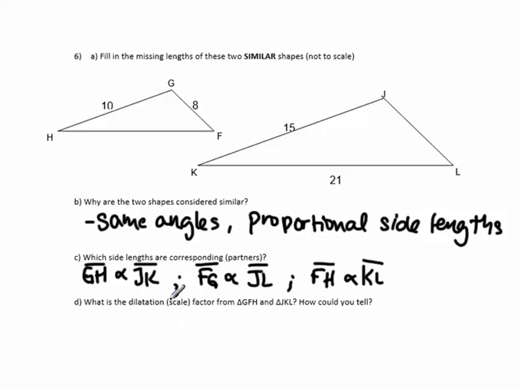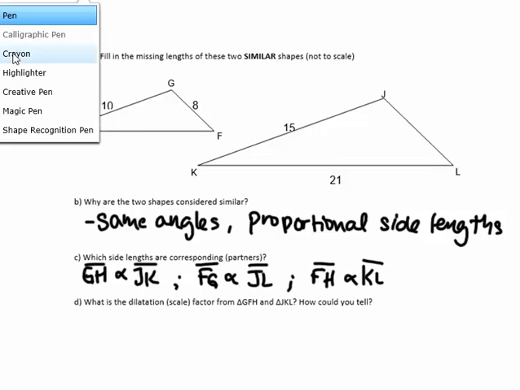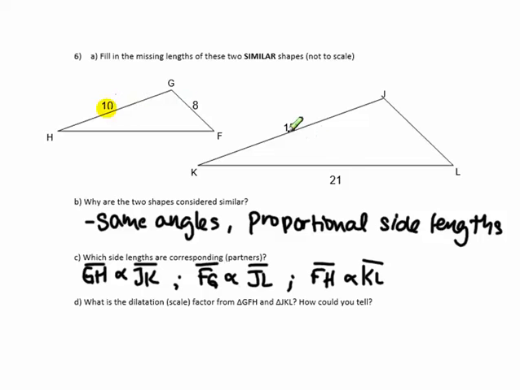Now, what is the dilatation factor for both of these triangles, and how can you tell? Well, what I'll need to do is I'll find out any points that I know. So I know the 10, I know the 15, I know the 8, and I know the 21. But what I'll look at is the corresponding side lengths. So 10 and 15 are the two that I know that are corresponding.